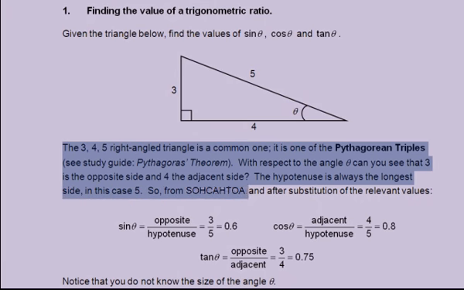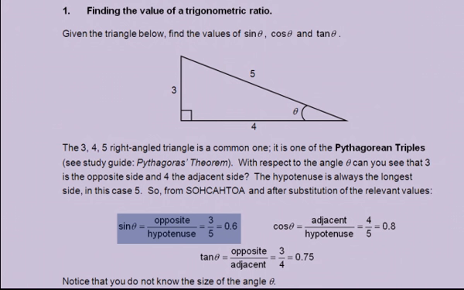So, from SOHCAHTOA, and after substitution of the relevant values, sine theta equals opposite over hypotenuse. The opposite is 3, the hypotenuse is 5, so it's equal to 3 divided by 5, which is 0.6. The cosine of theta equals adjacent divided by hypotenuse.